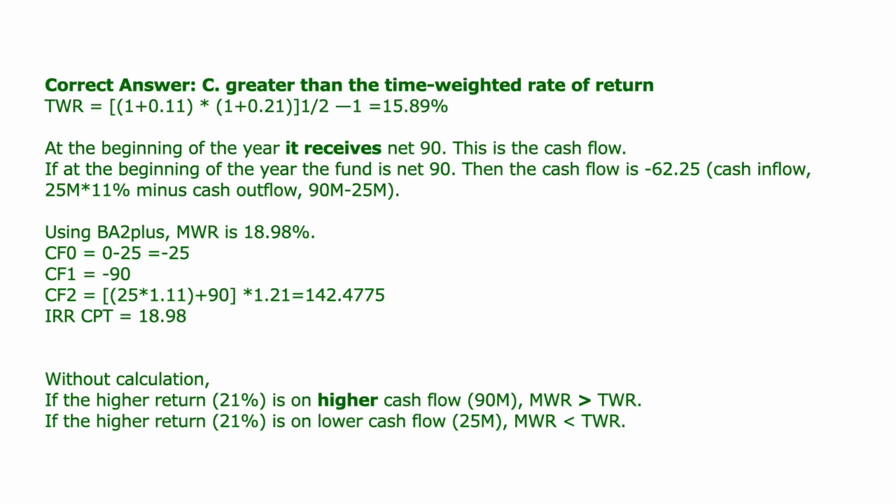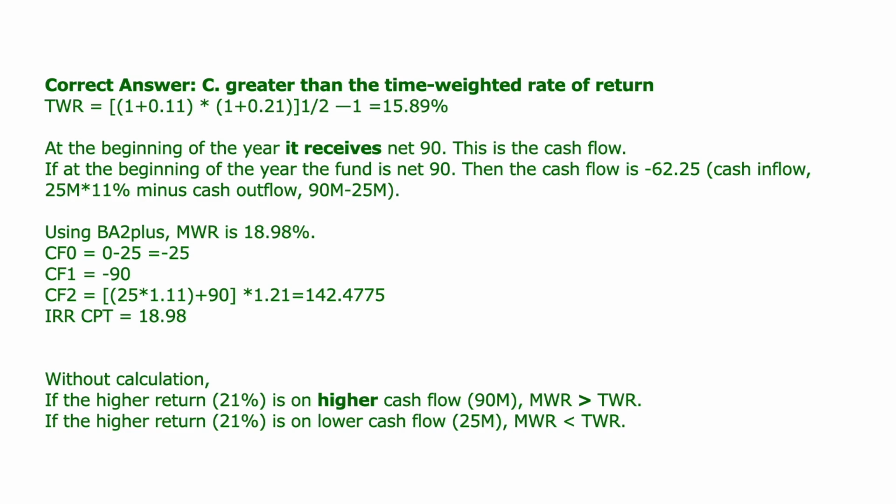Time-weighted return looks only at the returns each year, ignoring how much money was invested. Year 1 return plus 11%, Year 2 return plus 21%. Time-weighted return equals 15.8%.